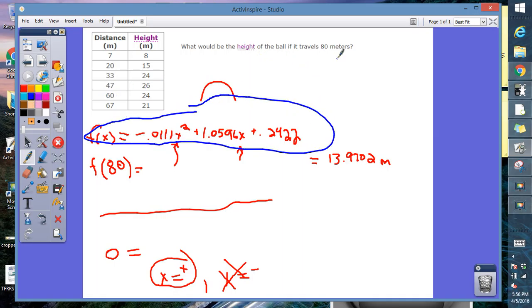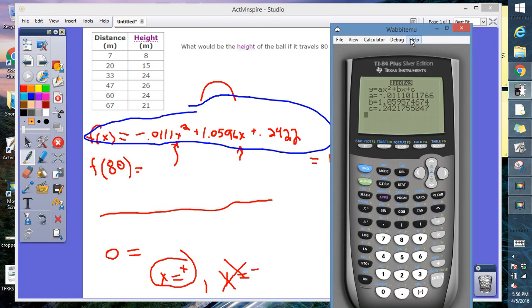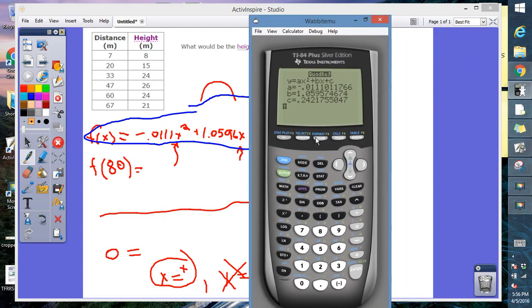And then there's going to be a follow-up question, usually where you calculate a new x, and it'll give you your output of your function. Remember, your table function can also tell you different values. Okay, so I was doing this earlier, so when the distance is 80, the output is saying that the height is 13.97 meters.